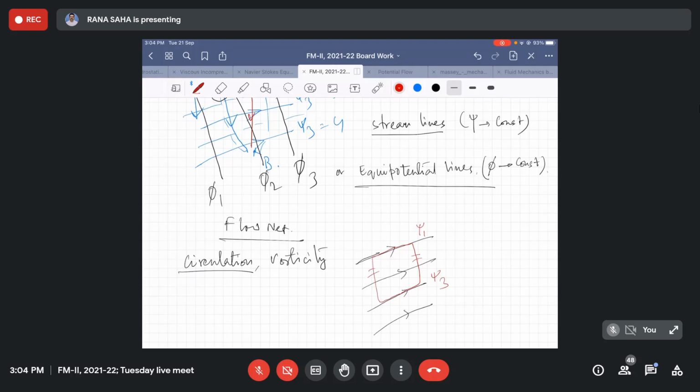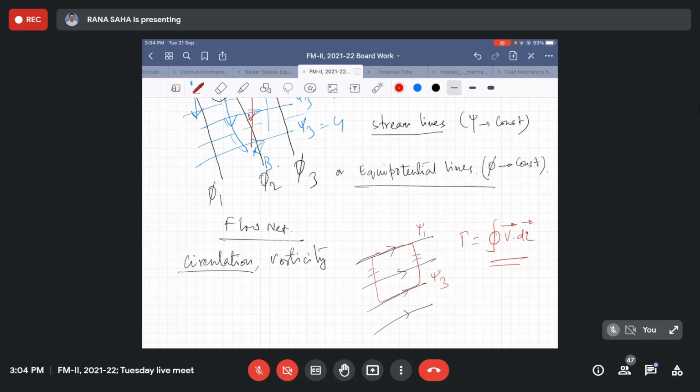So you need to have circulation as the cyclic integral of the velocity along the line dl. So it's a line integral to be taken around a closed curve.